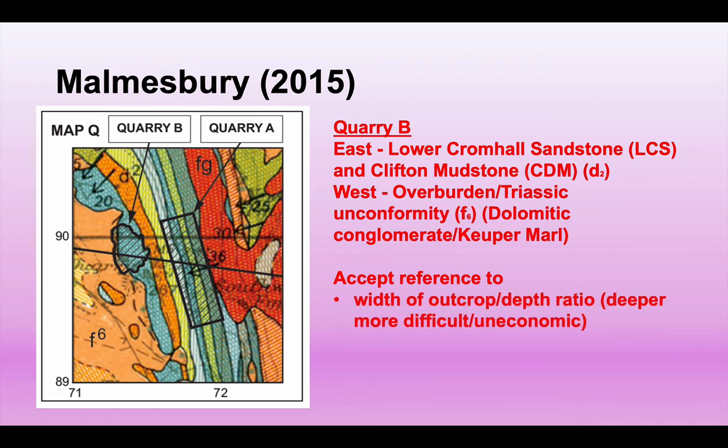You could also discuss the width of outcrop to the depth. The deeper you go in these quarries, the more difficult it becomes, the more it costs to extract the material. You could talk about the dip and the thickness of the beds, how deep they go. We could see from the aerial photograph that there are clearly water table issues in these quarries, with the bottom, certainly of Quarry A, being flooded.